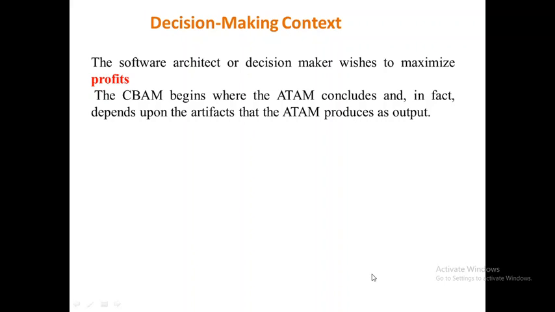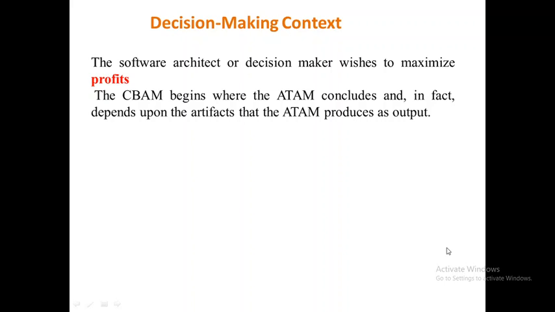So for any business organization, the primary criterion is profit. Every business person does business for the sake of getting profits. So whatever the organization may be, profit will be the primary criterion. In the same way, at the time of developing the software or analyzing the architecture, they must focus on profits.